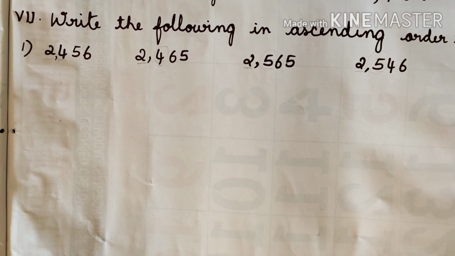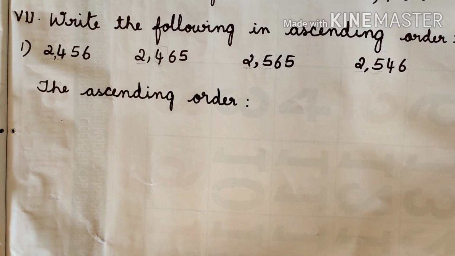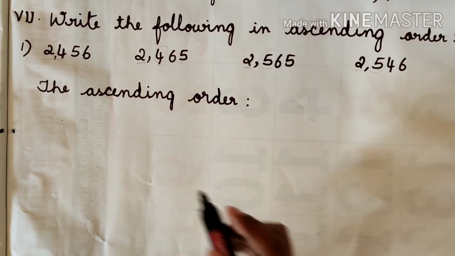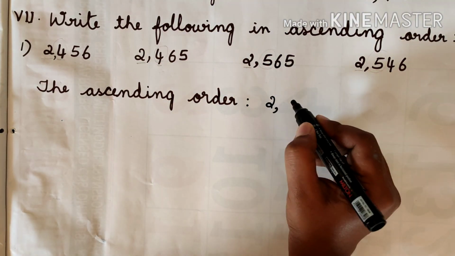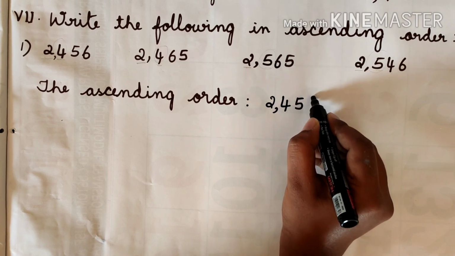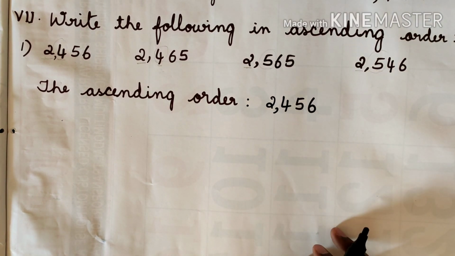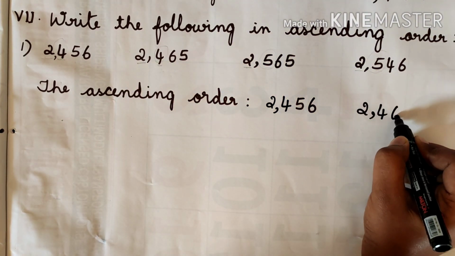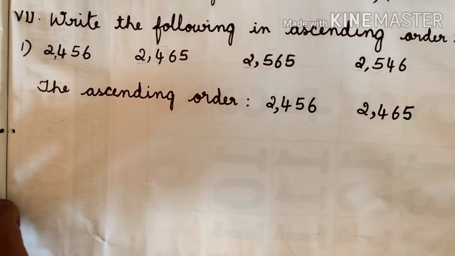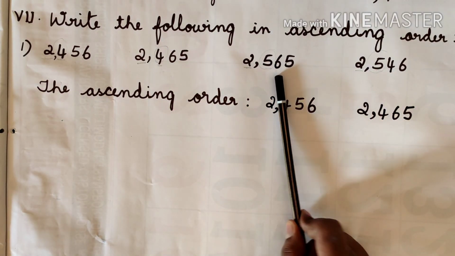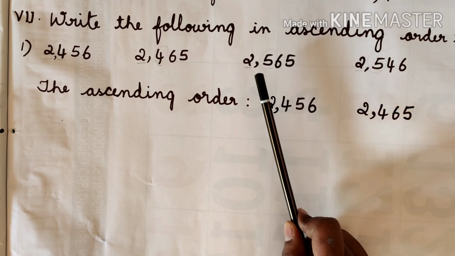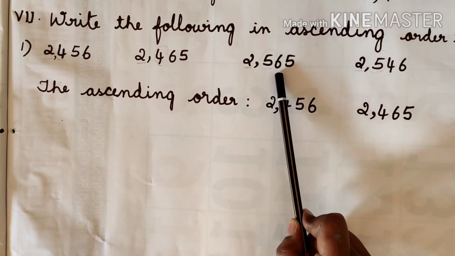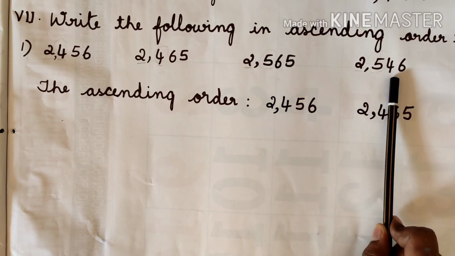Children, which order are we writing now? We are writing the ascending order. So let's write the first number, that is 2456. So next number should be 2465. Now let us compare the other 2 numbers, 2565 and 2546. Since the hundreds are same, let us see tens, 4 and 6.